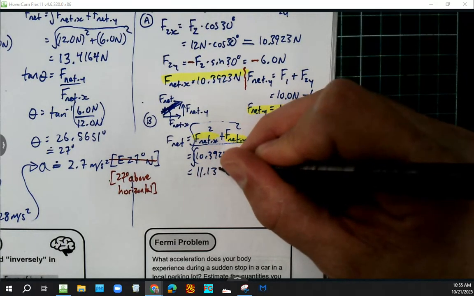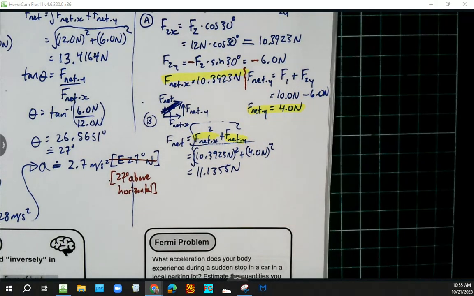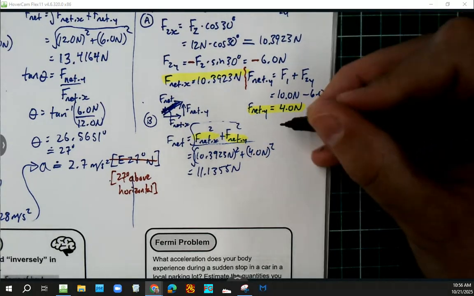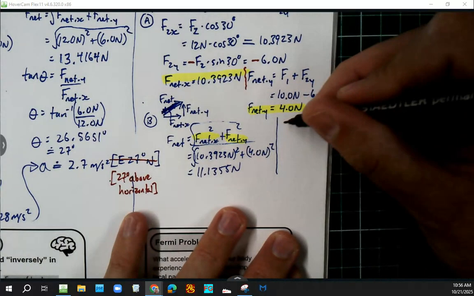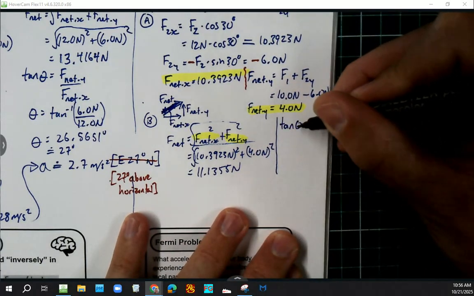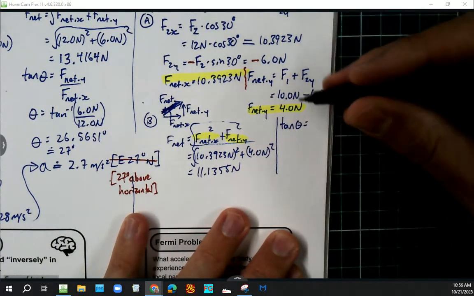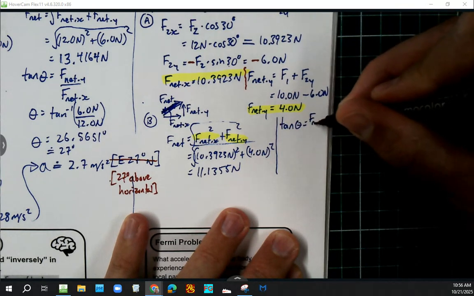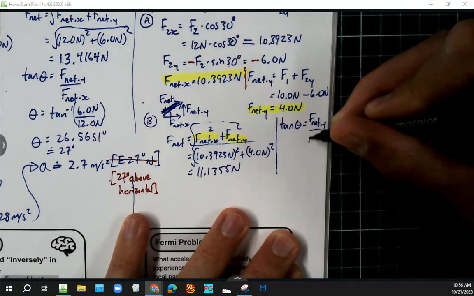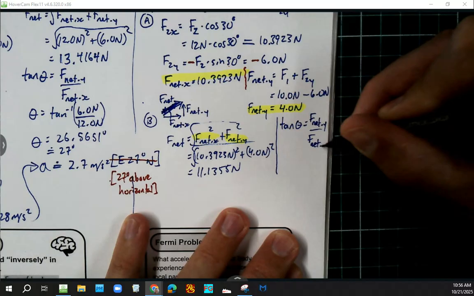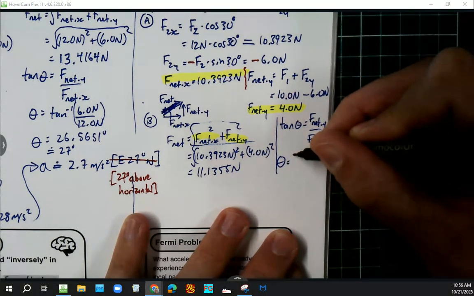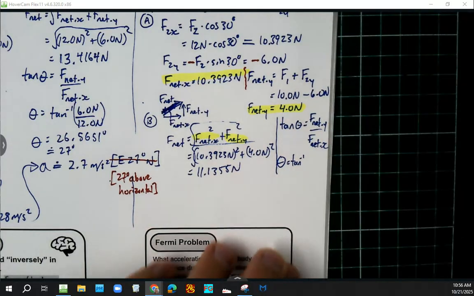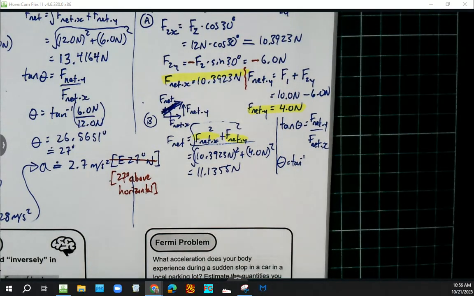Because if you draw the diagram here, F2y was 6, right? F2y is 6. And your F1 is 10. F1x is 10, so opposite of right.